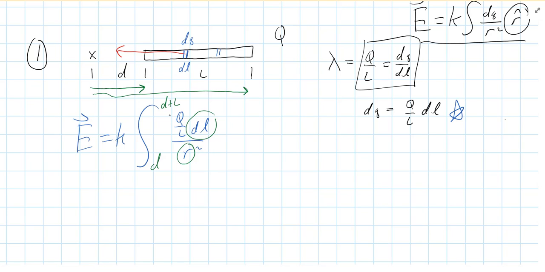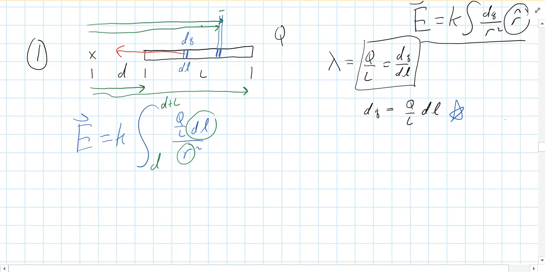Now, how about getting dl and r into one variable? Well, it turns out that that is pretty easy. So if we look at, let's say, this little chunk right here, and just for our view, I'm going to extend it up just so we can see. Well, what's dl? dl is simply the width of that little chunk. Well, what is r? There's a beginning radius that goes to there, and there's an ending radius that goes to there.